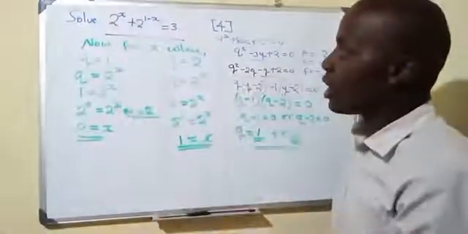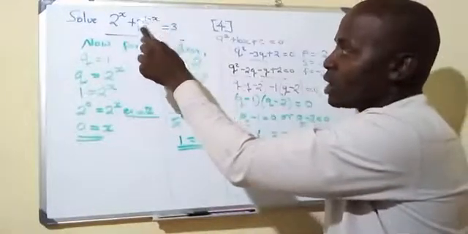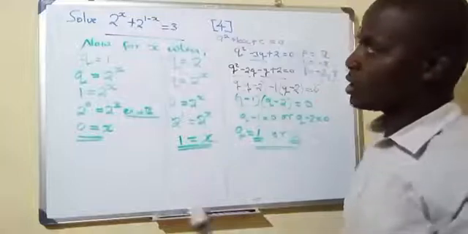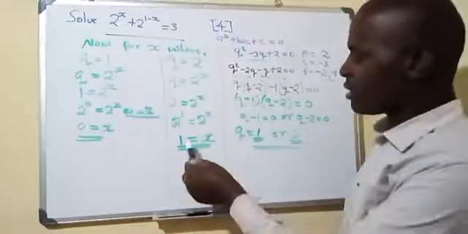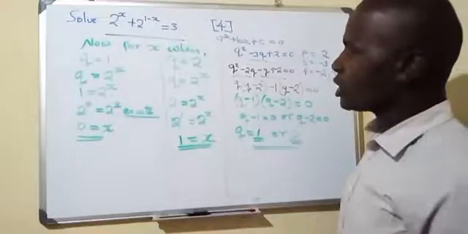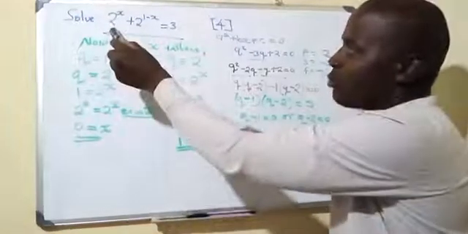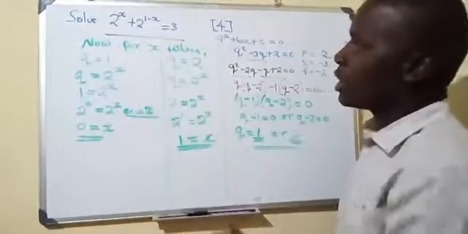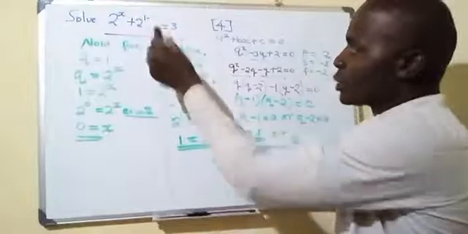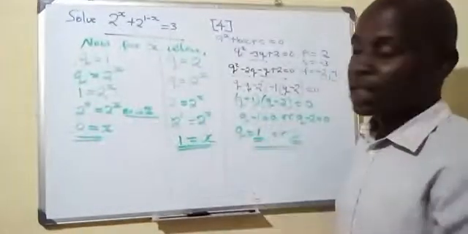So if you replace, let's say we put 0 there. If x is 0, we are going to have 2 to the power 0, the answer is 1. Then 1 minus 0 will be 1, and 2 to the power 1 is 2. So 1 plus 2 will give us 3. Let us try by substituting 1 as x. If I put 1 there, I will say 2 to the power 1, the answer will be 2.